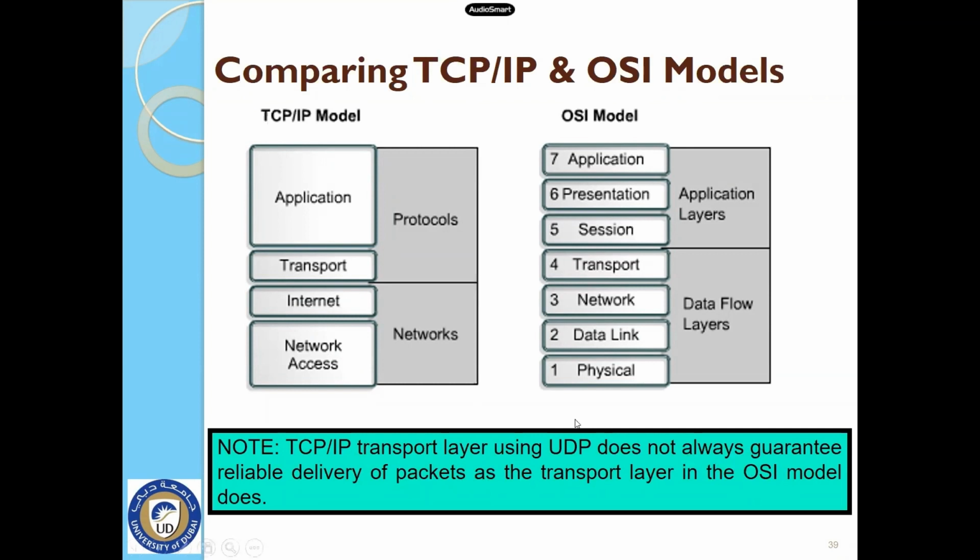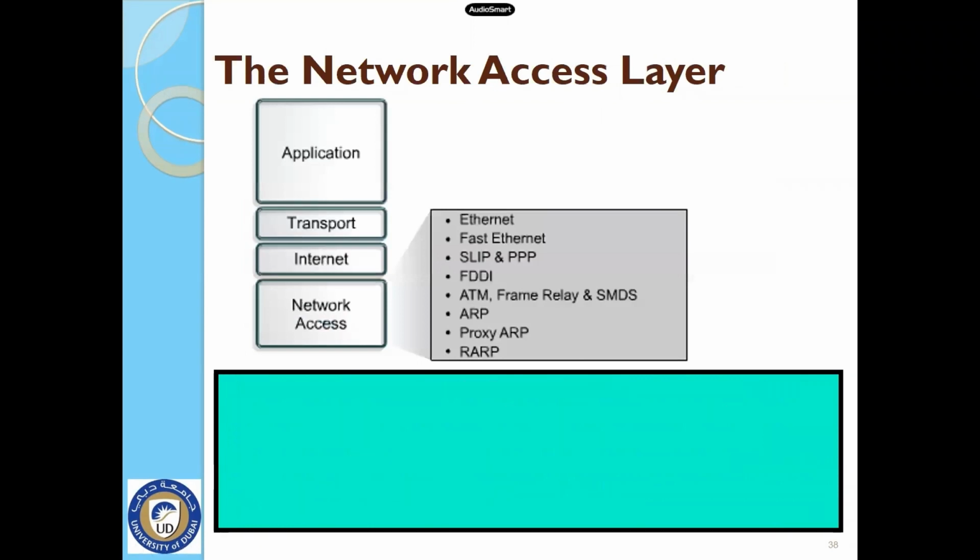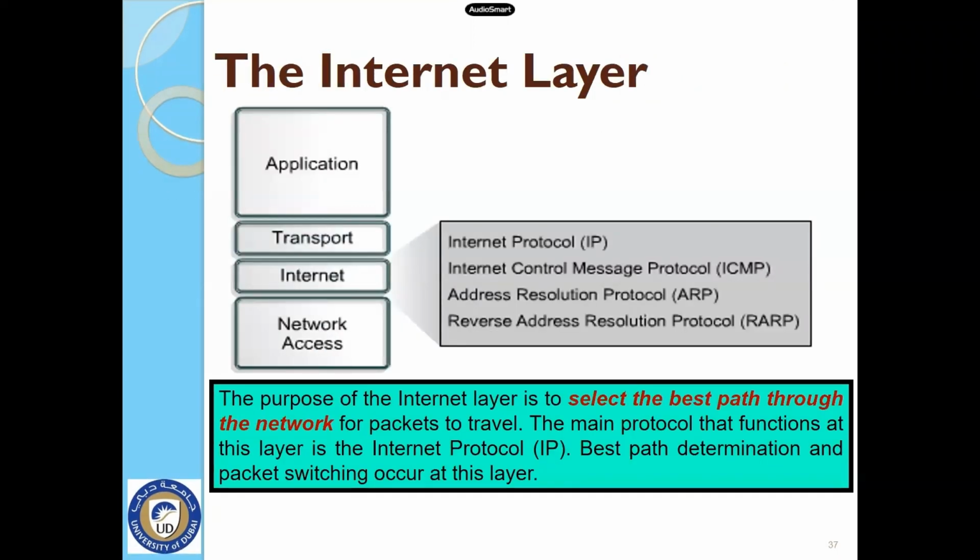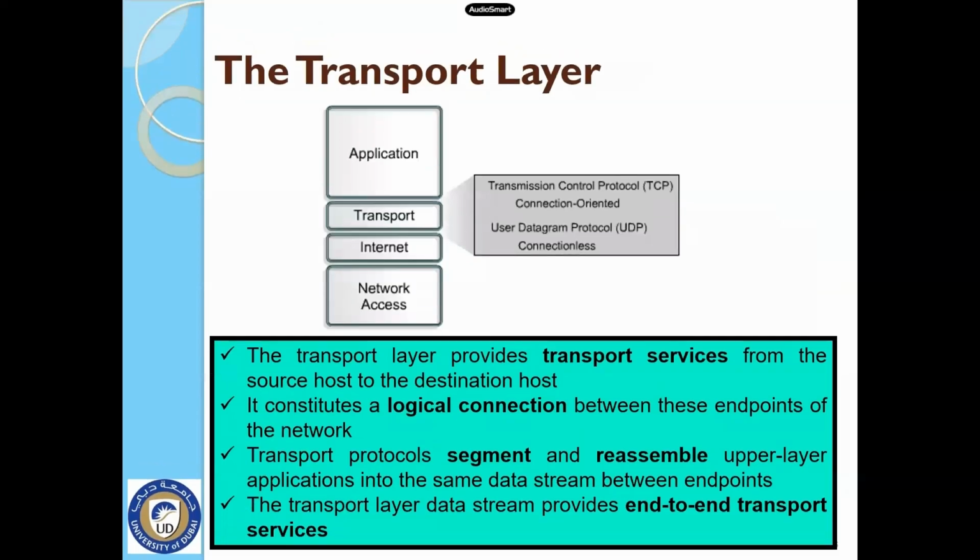Again, TCP/IP gives you the choice. You can use UDP and you can use TCP. So if you go back to the transport layer, we have TCP and we have UDP, and we'll see later in the slides the difference between the two of them.